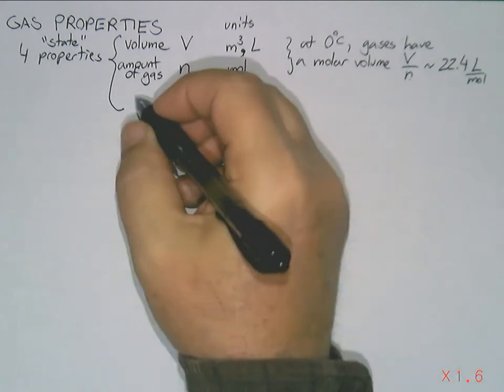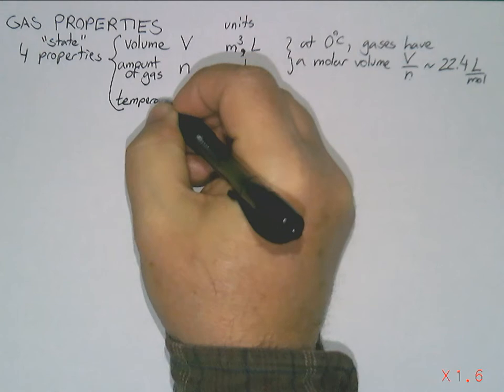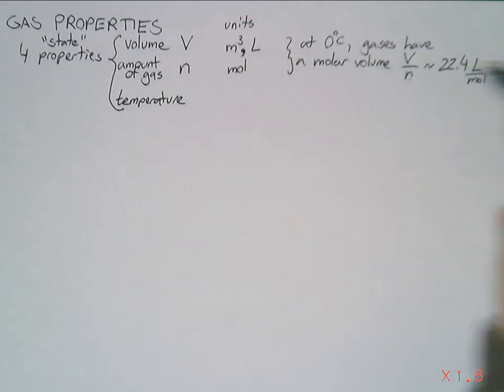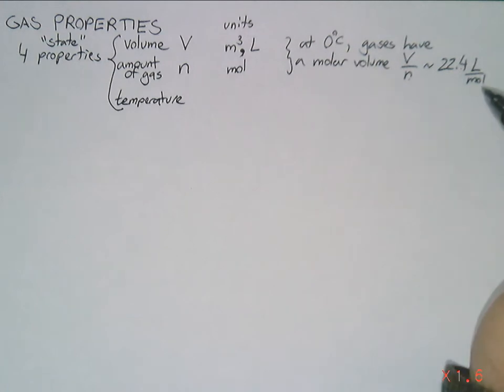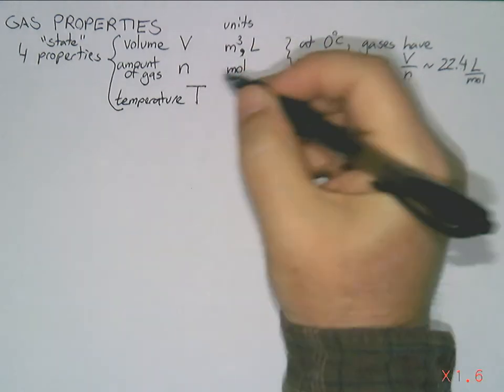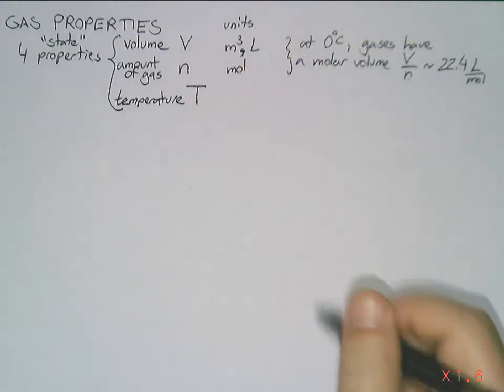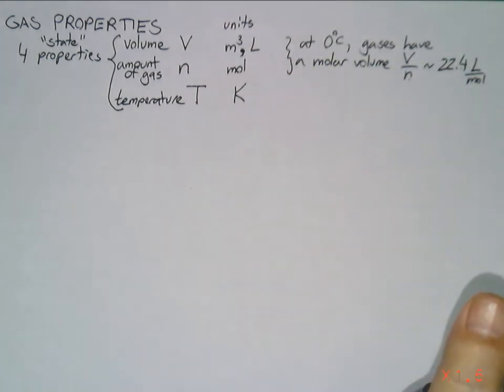Now, another property is temperature. This number isn't quite right at other temperatures. In fact, if you have a higher temperature, the gas expands a little bit, so it'll be a number a little bit more than this at a higher temperature than 0 degrees. We use a capital T in equations for temperature, and we're always going to use Kelvin for the temperature.